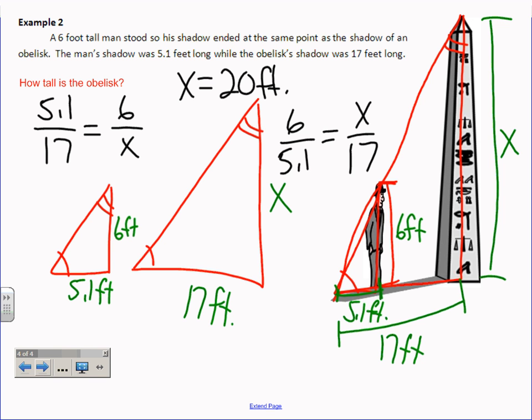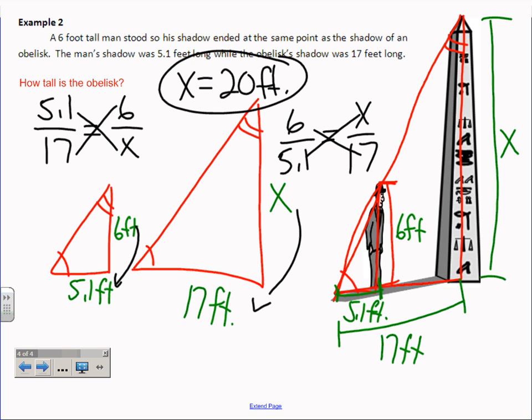With triangles, it is, because as long as you follow the pattern, it doesn't matter. So 6 over 5.1 equals x over 17. It's the same pattern, so you're fine. And you notice you end up multiplying the same numbers anyway. So it doesn't matter. So it is 20 feet. Any questions?